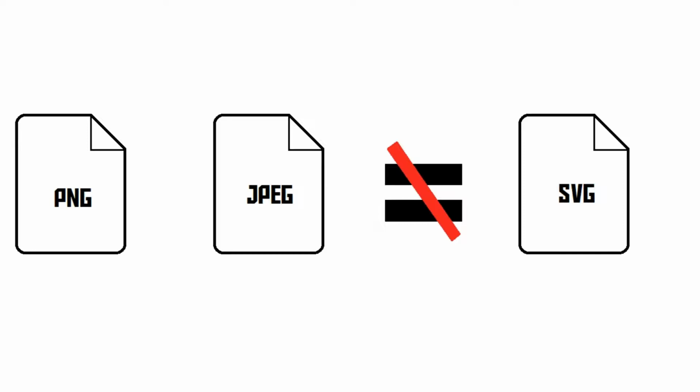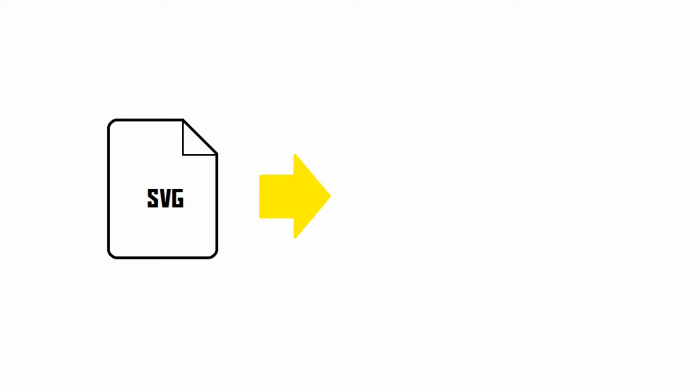Let's start with an example. When you tell someone how to draw a car, you might tell that person, draw two circles like this, then draw a shape like this, and after that draw some rectangles in there. That's also kind of how vector graphics work. A vector graphics file doesn't tell the computer anything about pixels.